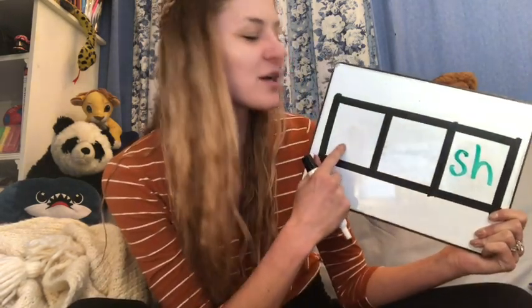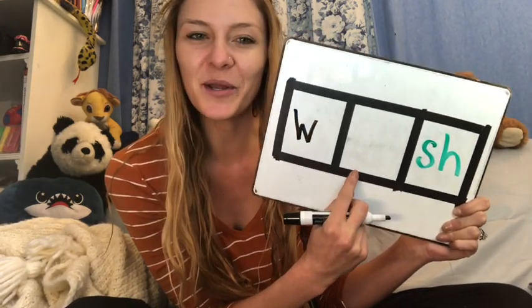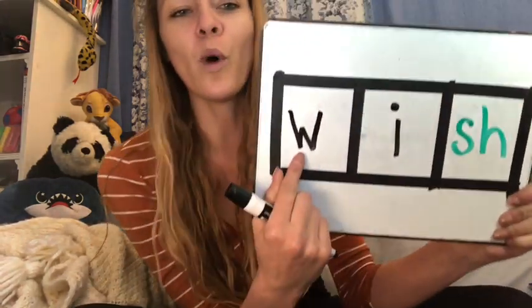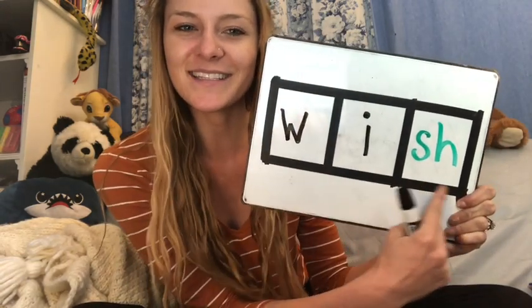Yeah? Let's try to write the word wish together. W. W, good. W, I. What's the vowel sound in the middle? I, you're right. Wish. W, I, sh. And this sound at the end is digraph SH, sh.